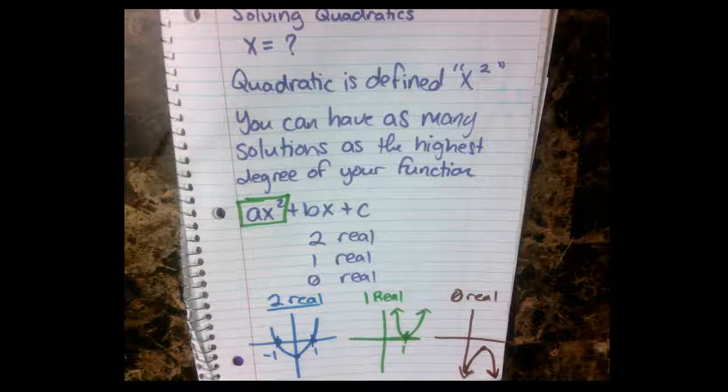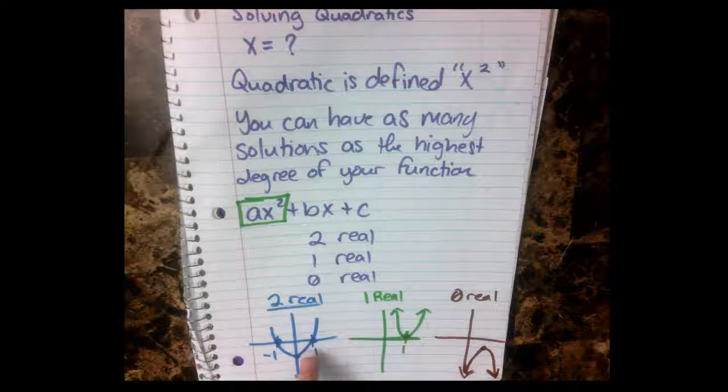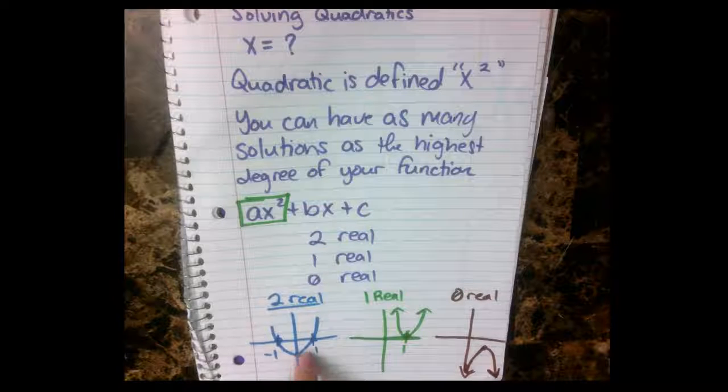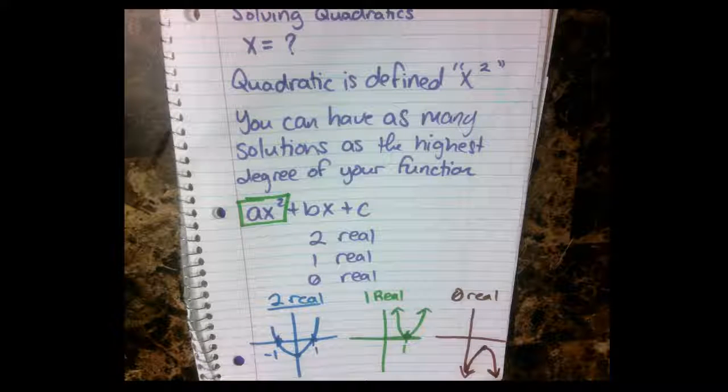You just type in your function, and then you'll get some kind of graph, and all you have to do is use that intersect search. You're going to look for where it intersects the x-axis, and you'll have your answer. So you'd hit intersect, and then you'd put a dot over here and a dot up here, and it'll tell you whatever that point is. It might be 1.625 or whatever else. So this is how to solve quadratics by graphing.